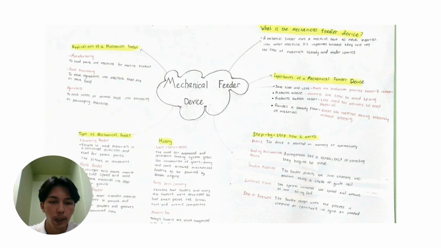The feeder directs the item smoothly into position using a chute or guide rail. The fourth is control input. The system controls the speed and amount of items being fed. And the last is stop or repeat. The feeder stops when the process is complete or continues in a cycle as needed.